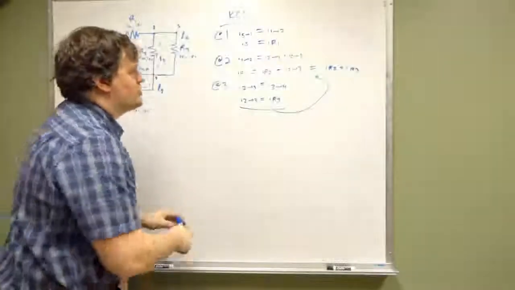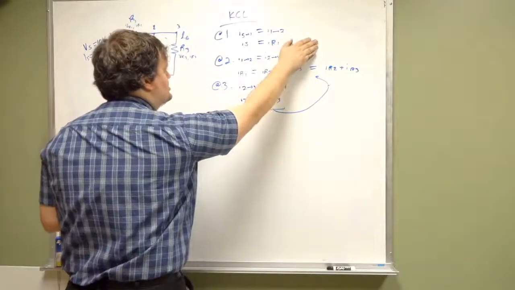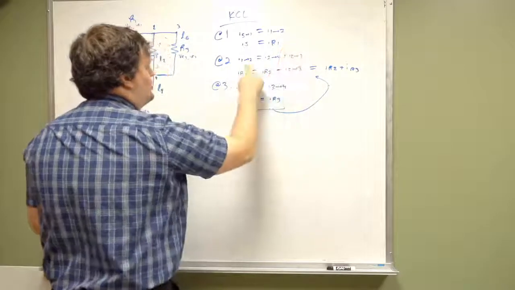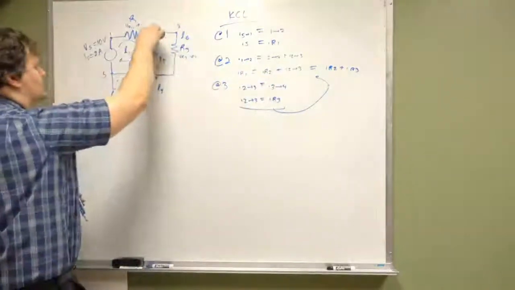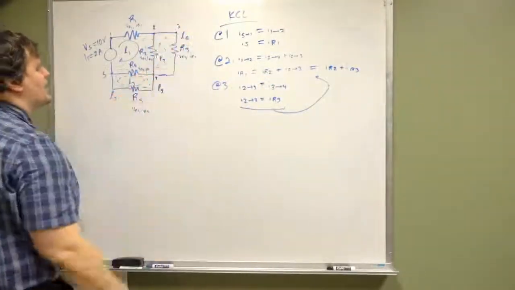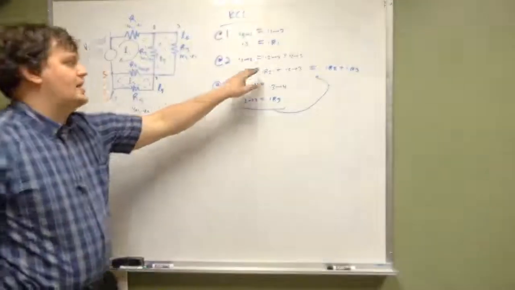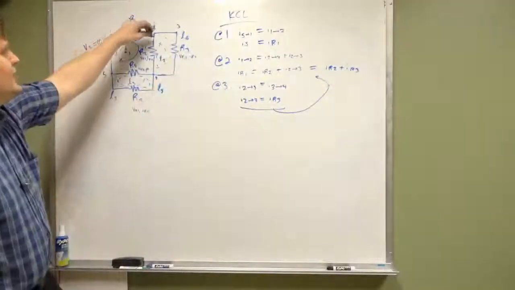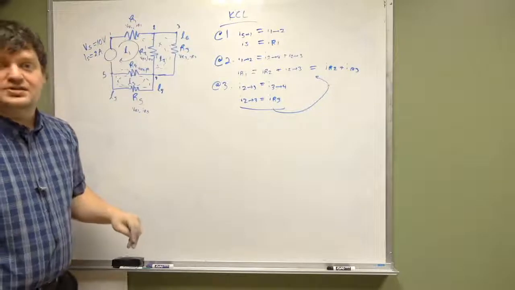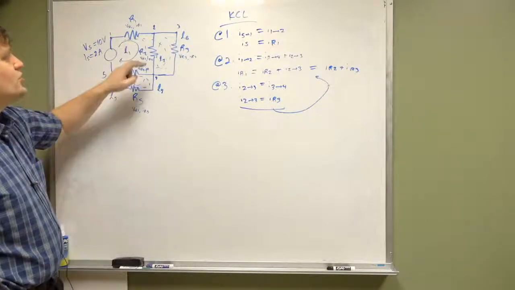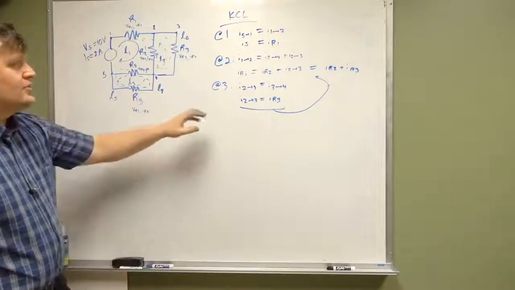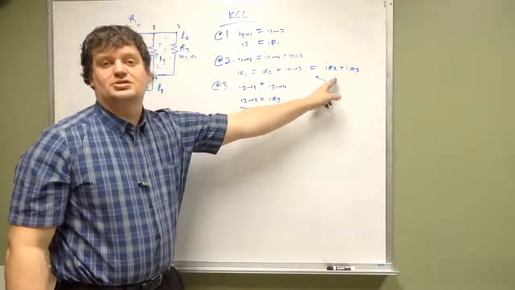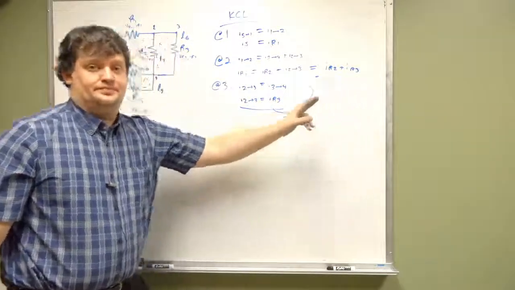Now, if we were to just write this equation and not have node 3, I1 to 2 equals I2 to 4, and ignore the fact that we have a node 3, when we write out I2 to 4, we would have to write out that there are two output branches that go from 2 to 4, and those two output branches are IR2 and IR3.